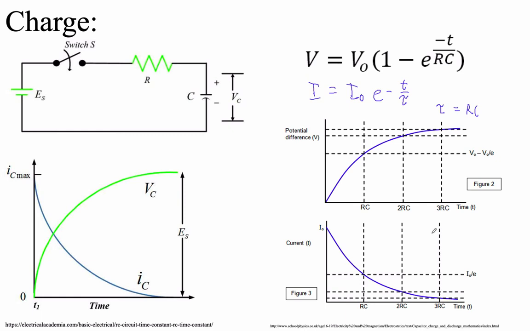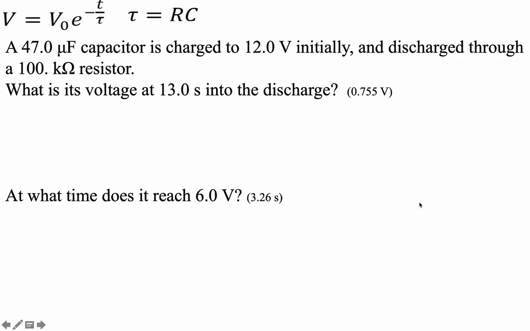Okay, so let's take a look at an example problem. This is a discharging one. A 47 microfarad capacitor is charged to 12 volts initially and discharged through a 100,000 ohm resistor. So R is equal to 100,000 ohms.